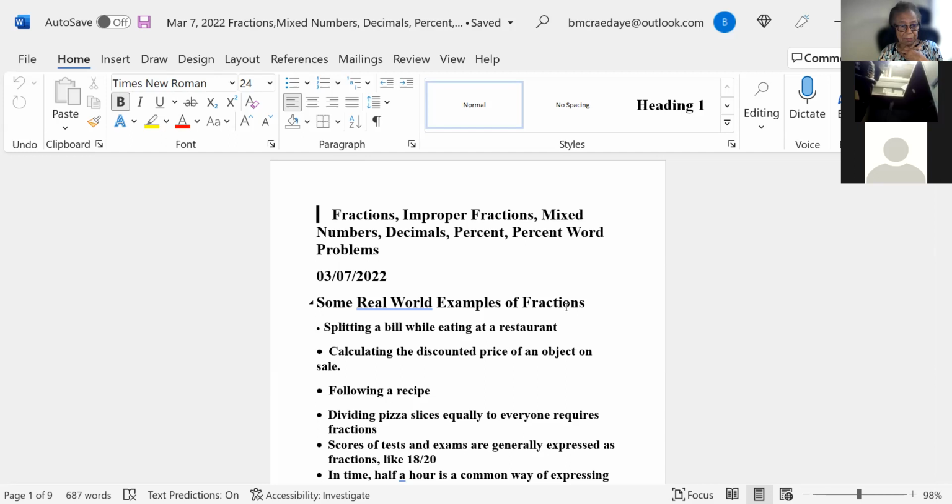Okay. Another way in the real world: calculate the discounted price of an object on sale. How do you use it for calculating the discounted price? Give me an example.